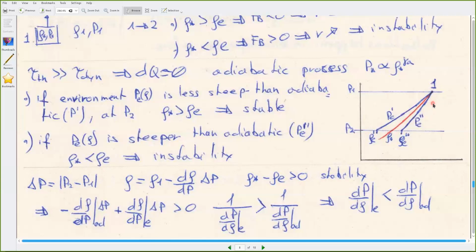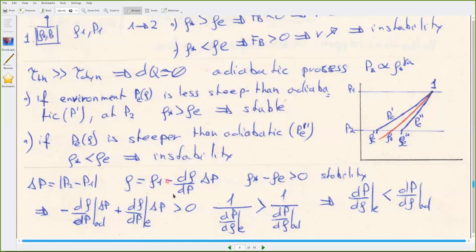We are just considering small variations. For stability, we want the difference between the density of the object and the density of the environment to be greater than 0, so positive.